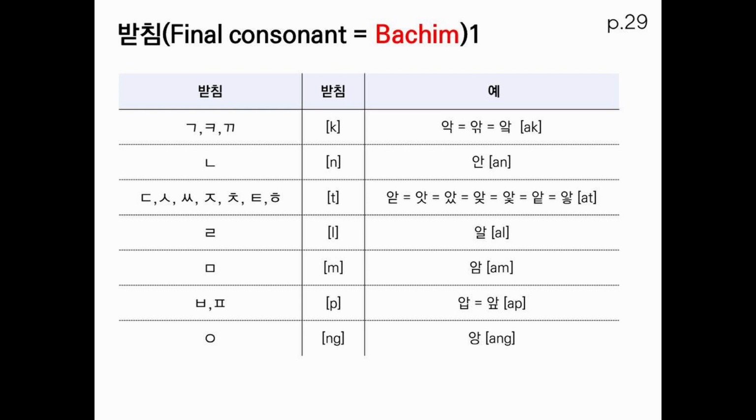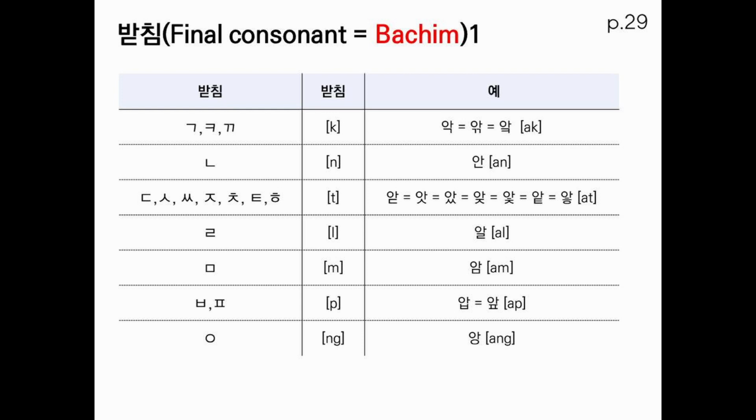However, when they become 받침, they all produce the sound of English K. For example, 악, 악, 악, all produce the same K sound when they have a 받침. Next 받침, ㄴ. This 받침 has the same sound as the basic consonant N. For example, 안.